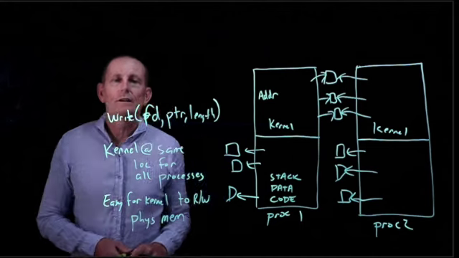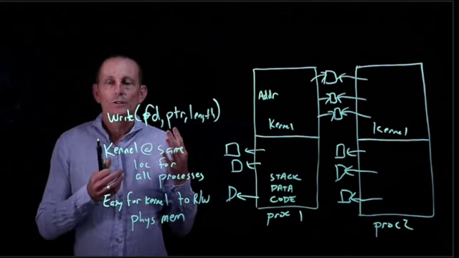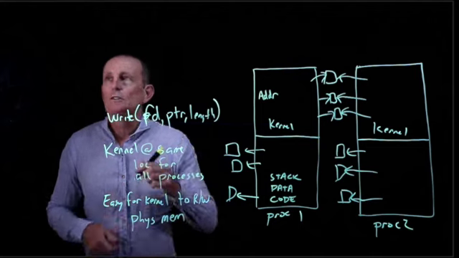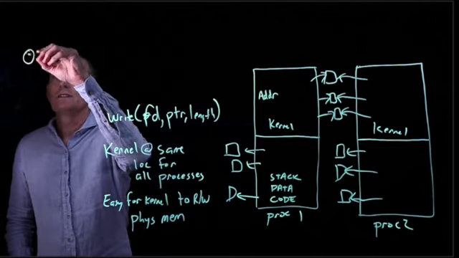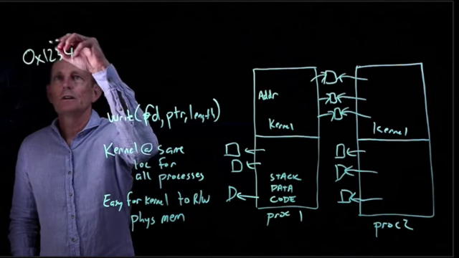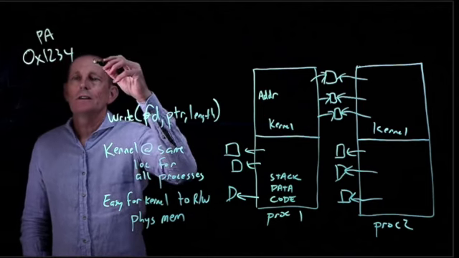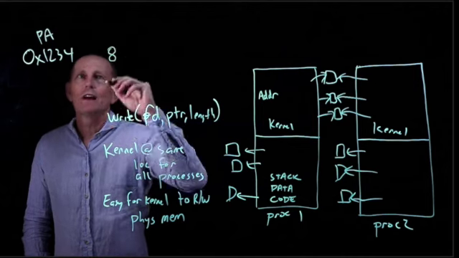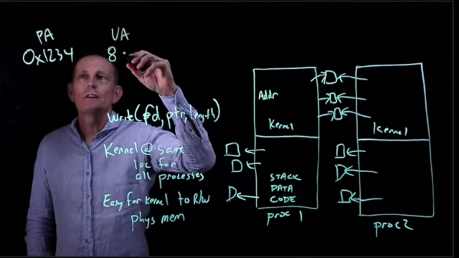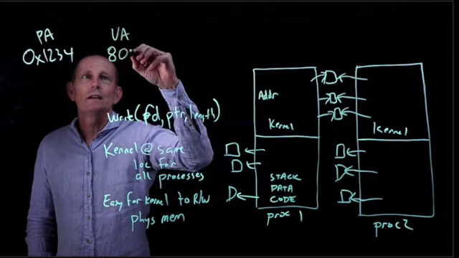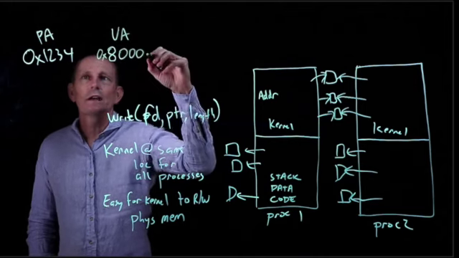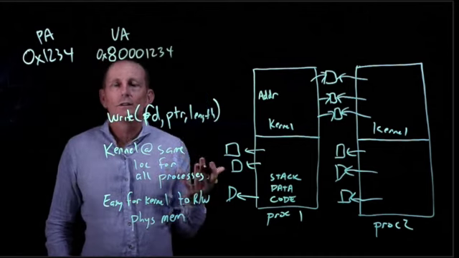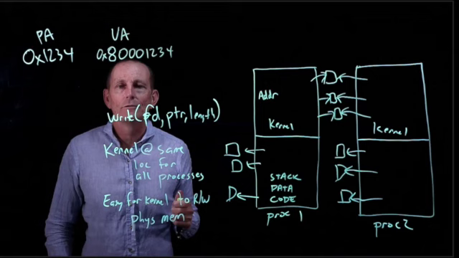This provides an easy mechanism for the kernel to write to any particular physical address. So if it wants to write to a physical address, let's say 1234, all it needs to do is add a high bit in front of that. So the corresponding virtual address is going to be 0x80001234. So it's easy to convert back and forth and write to any location.